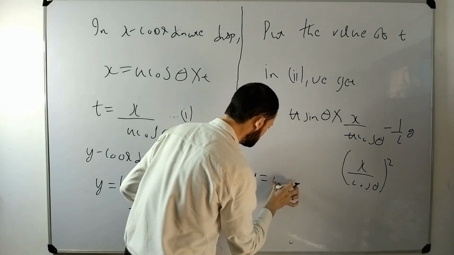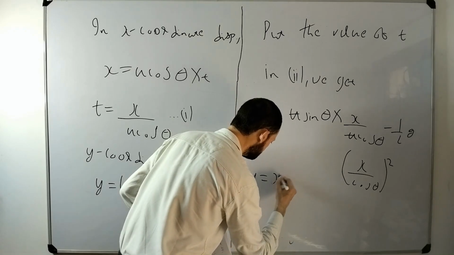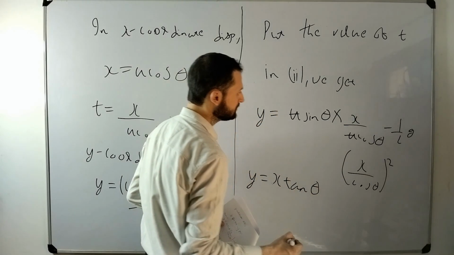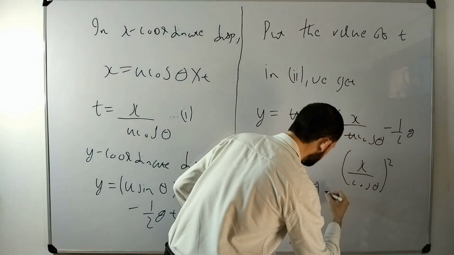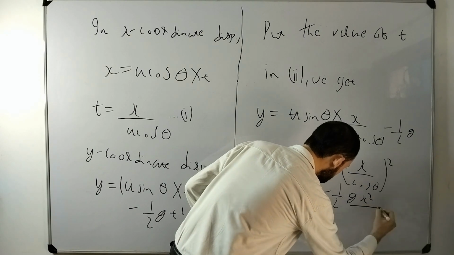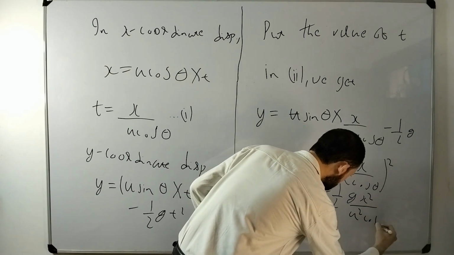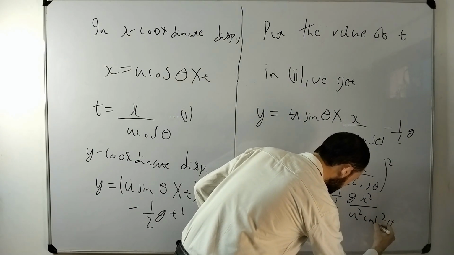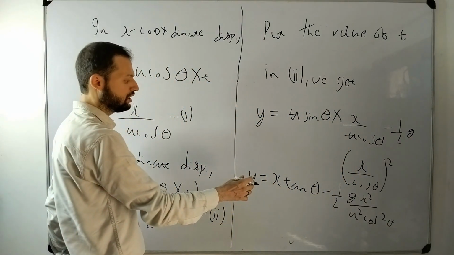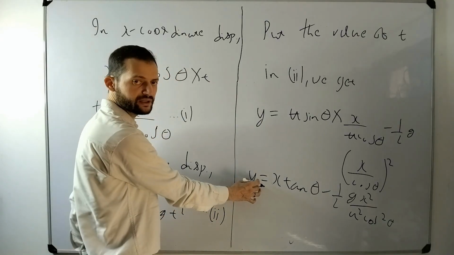Then this becomes x tan theta, and this term becomes minus half g x square over u square cos square theta. So this is the equation of the y coordinate.